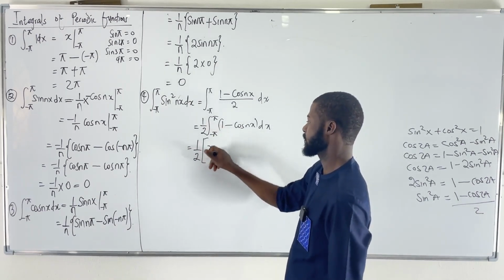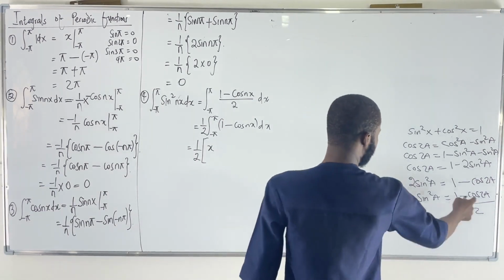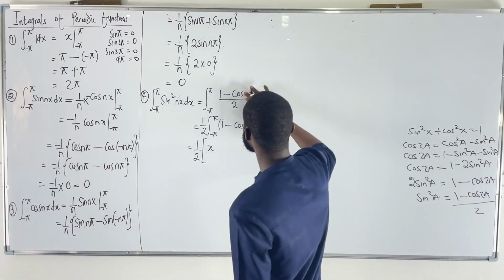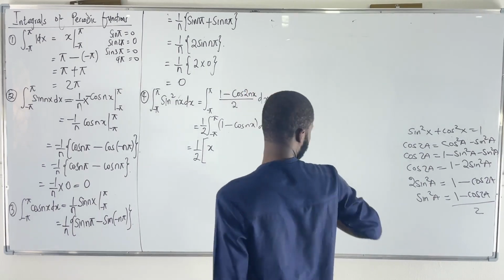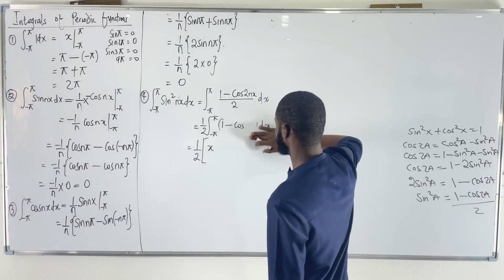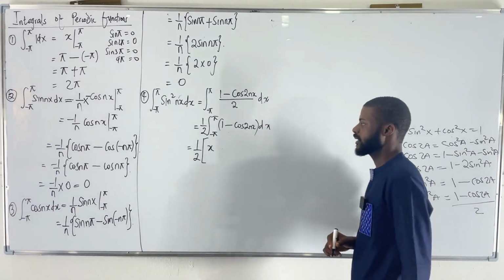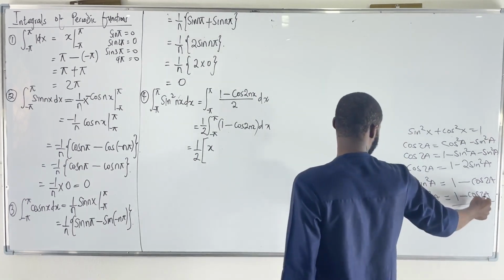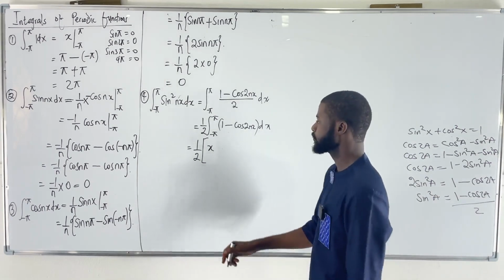You're going to have x. This thing has a 2 here, so something is not right. It has a 2, so it's supposed to be 2a. Remember I said all the a's will change to nx, so that's 2nx.